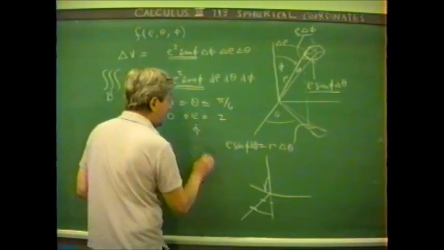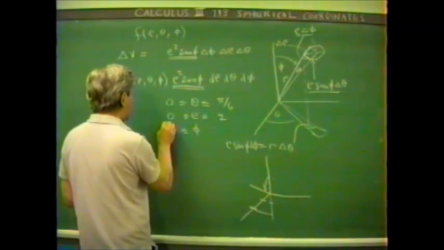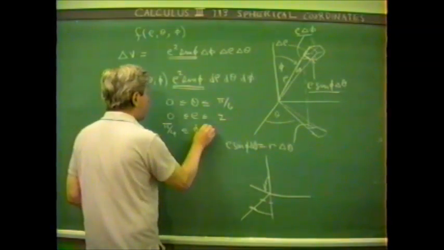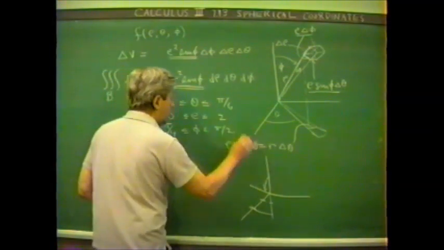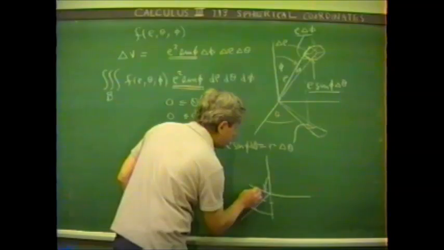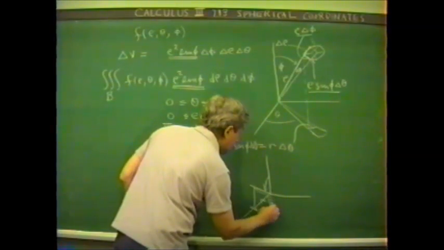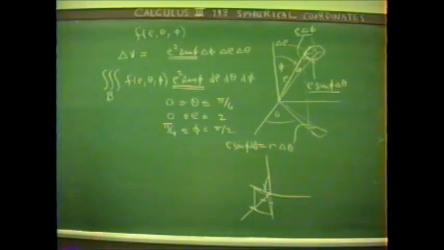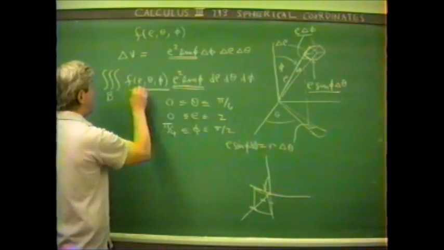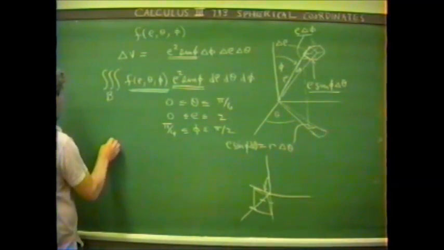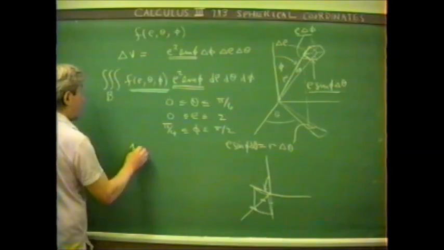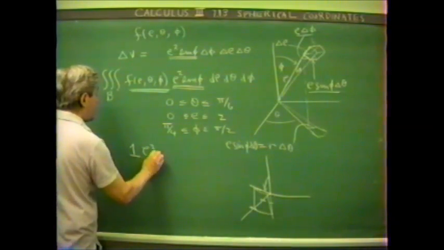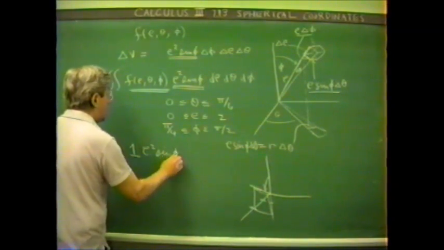So we're going to have phi between pi over 4 and pi over 2. This is going to produce a region that looks something like this. And let's suppose we want to know the volume of that region, in which case we ought to integrate 1. We need to multiply by rho squared sine phi.